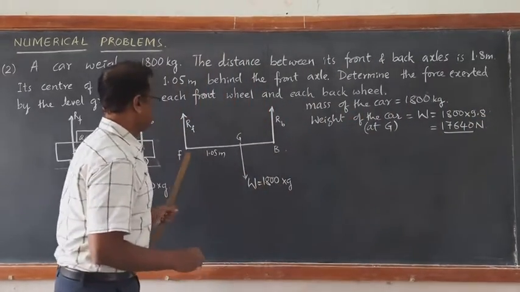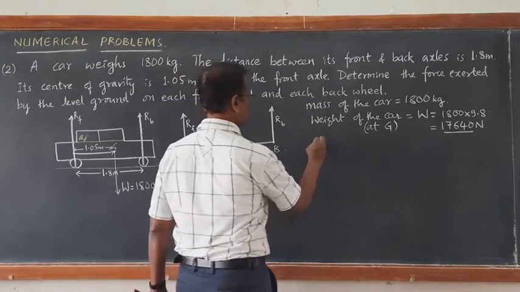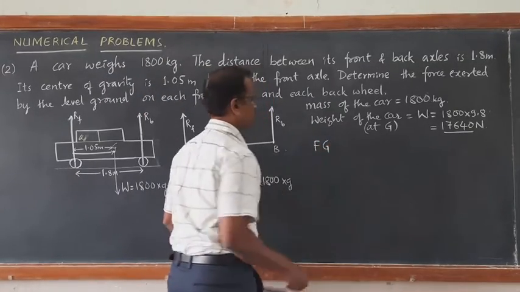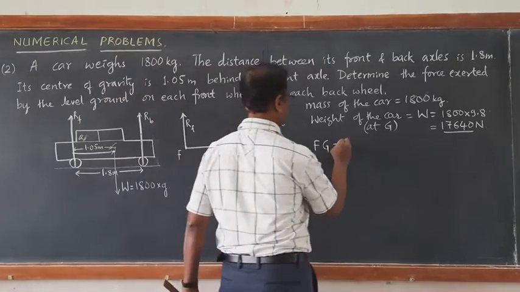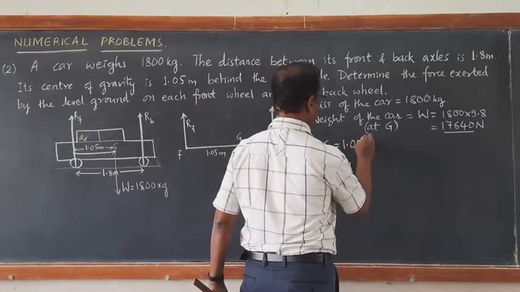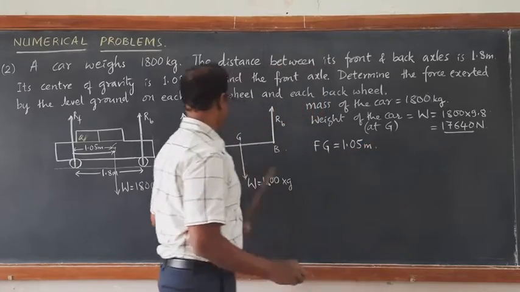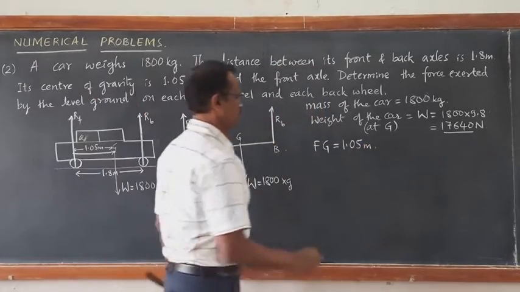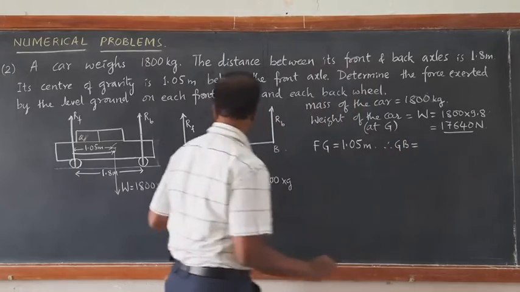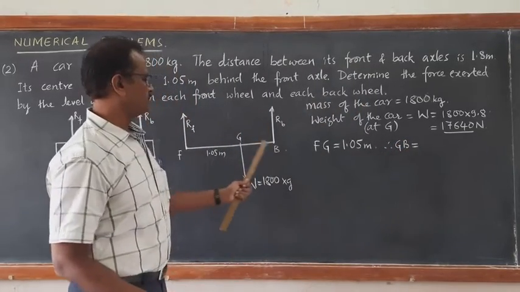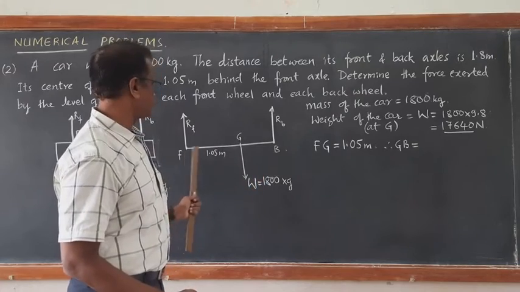Now, Fg, first we will write. This is given. Center of gravity from the front wheel. It is 1.05 meter. This is given. Therefore, what will be GB? GB is equal to total length between the front and back axles.